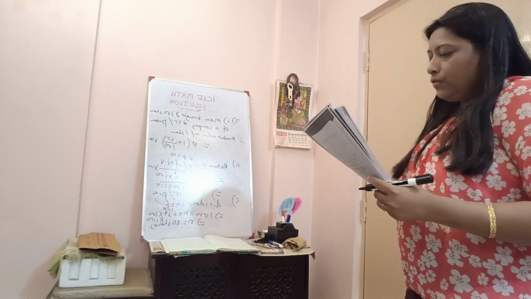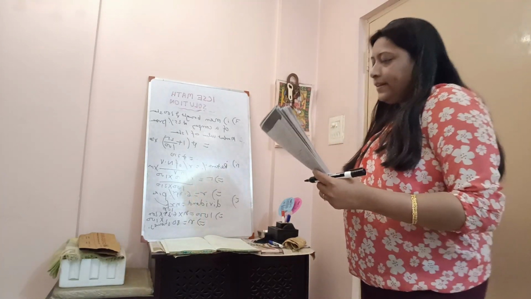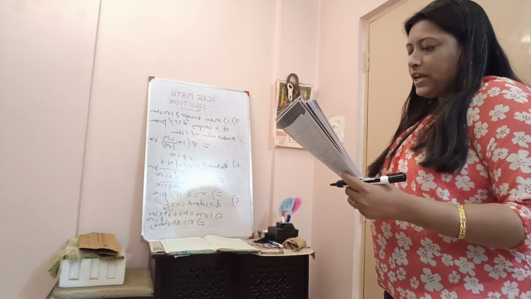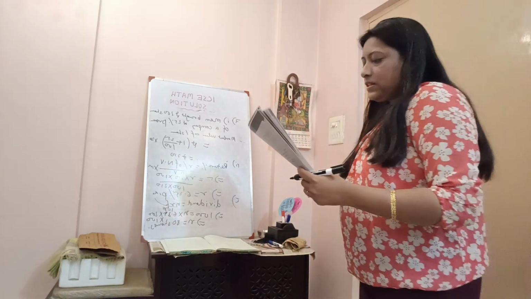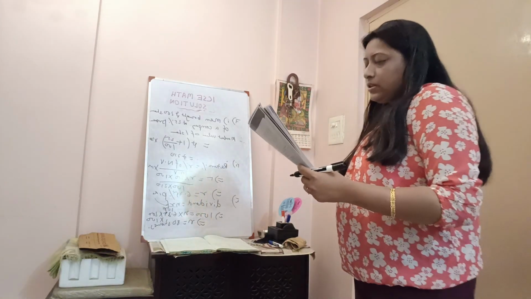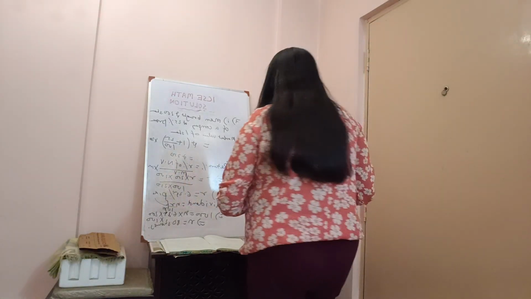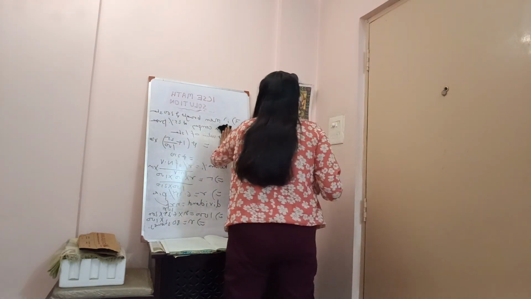Question number 2. For the given frequency distribution, find the mean to the nearest whole number and the median. X is given as 10, 11, 12, 13, 14, 15, 16. F is given as 3, 2, 2, 6, 3, 5, 3. So this is given, and you have to calculate the mean and median.